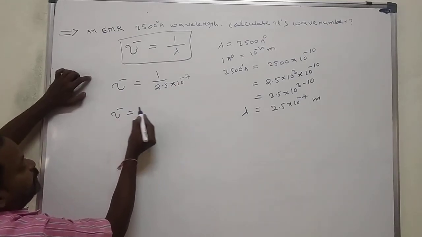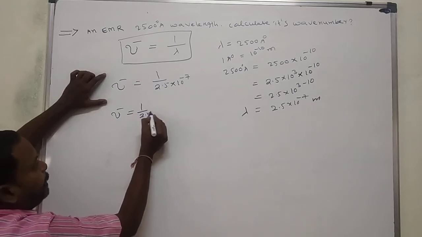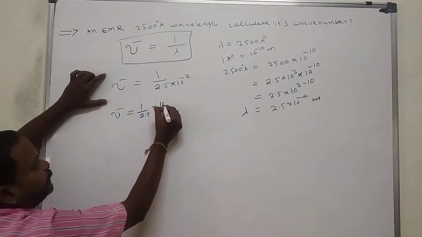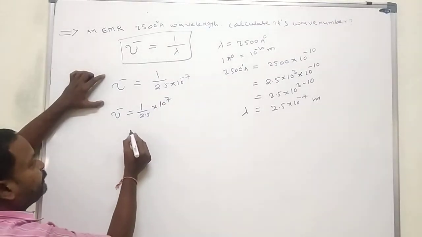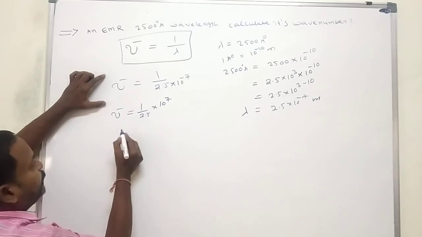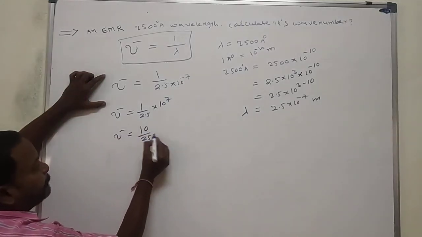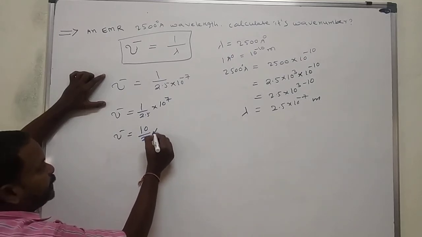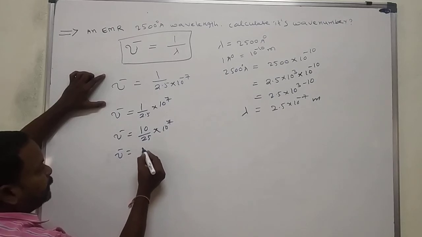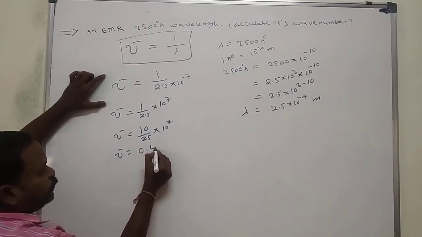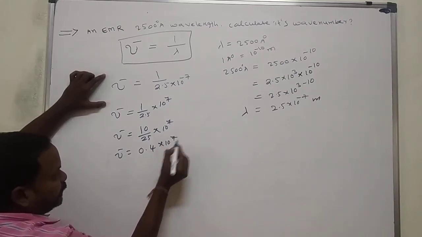Here nu bar is equal to 1 by 2.5, and 10 to the power of minus 7 comes upside as 10 to the power of 7. 1 by 2.5 means 10 by 25. So nu bar is 10 by 25 into 10 to the power of 7, which is 0.4 into 10 to the power of 7.